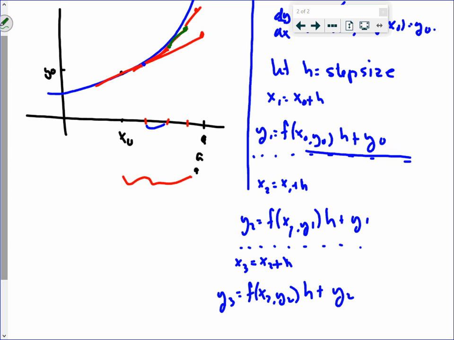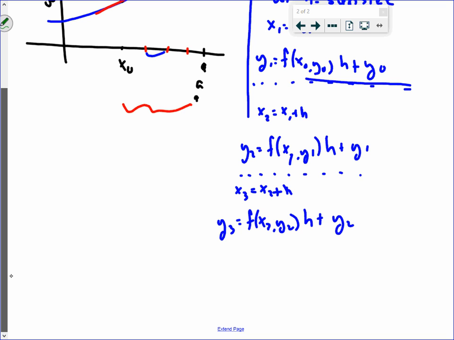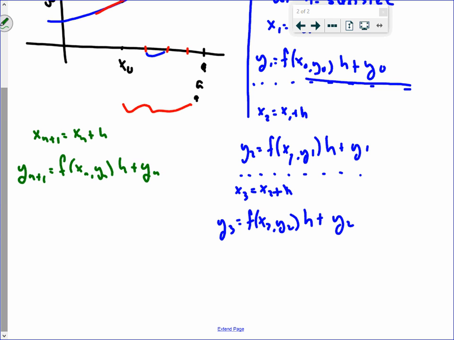We keep this up and we get the following recursive relation. x(n+1) is xn plus h. y(n+1) would be the value of my slope function at the previous point, xn, yn, times h, plus the y coordinate at the previous point. And that's what the program does.